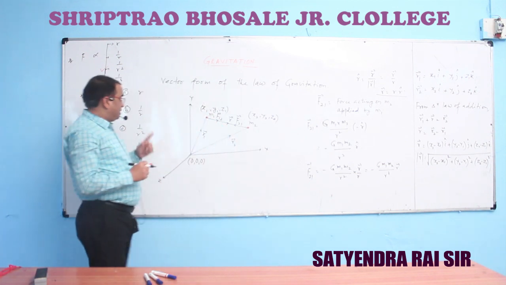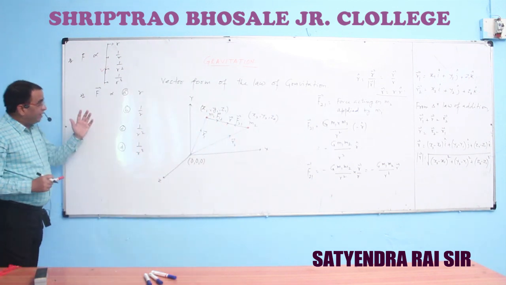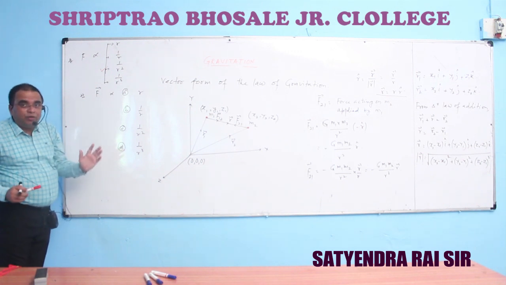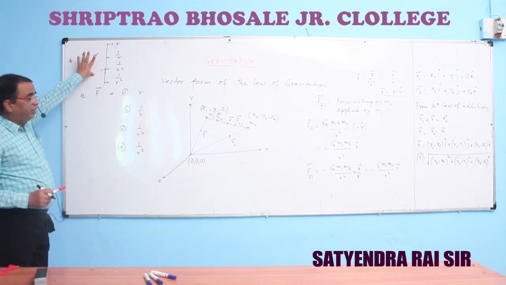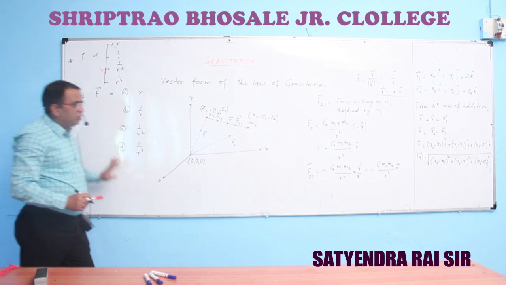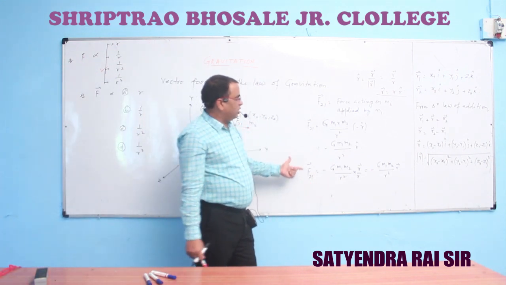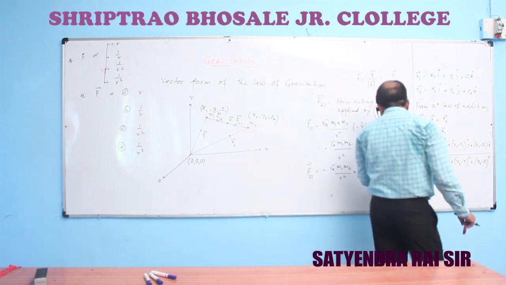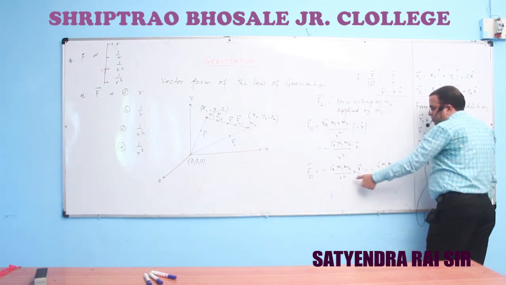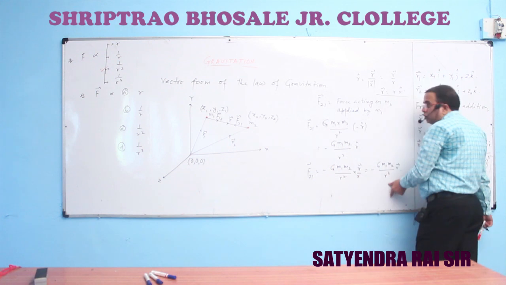But for the next question, you cannot repeat the same answer, because now you have understood that the vector F is not inversely proportional to R square. This vector is inversely proportional to R cube.